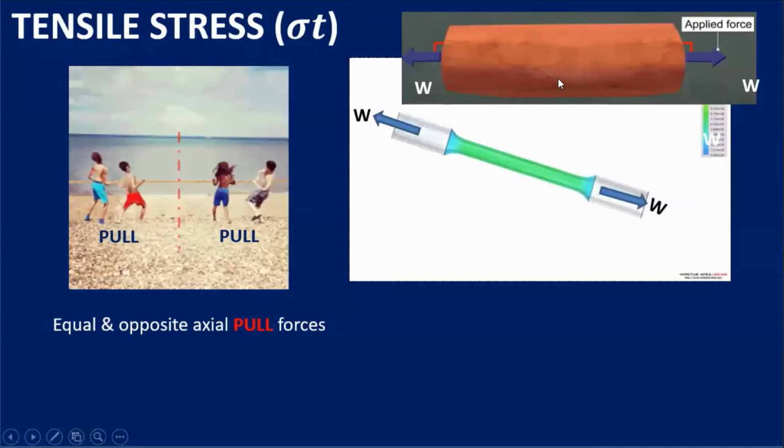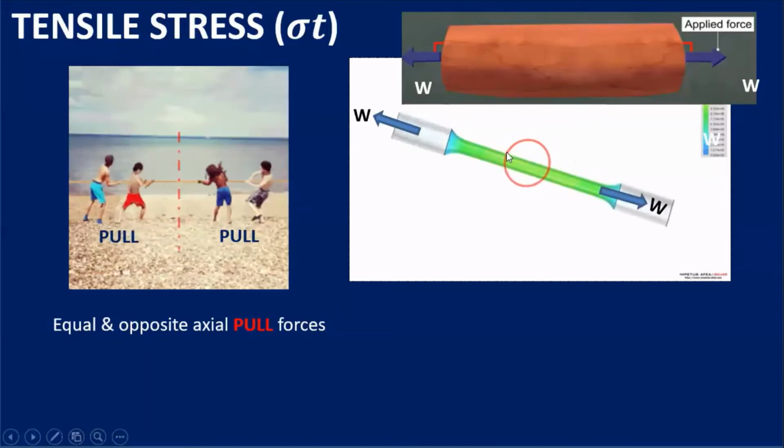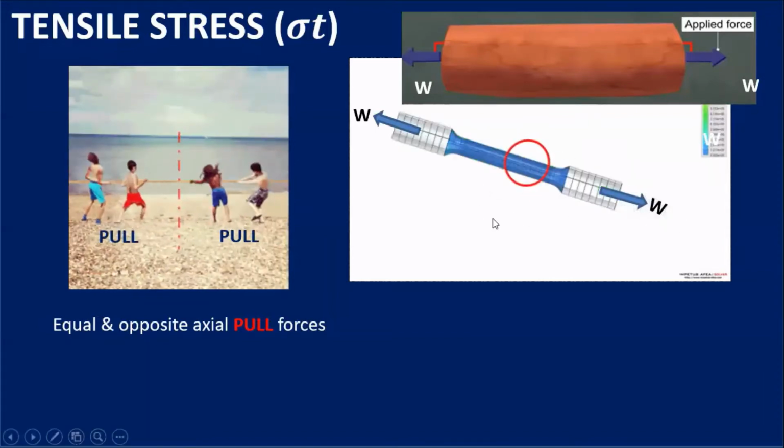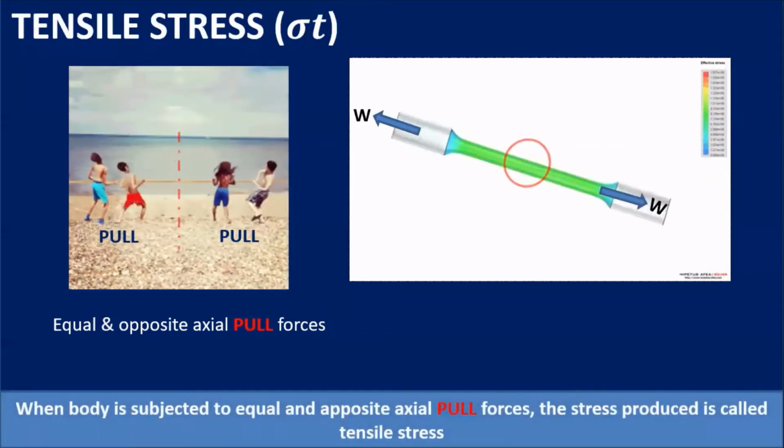And you observe that the internal stresses start generating, and they will be produced per unit cross-sectional area. For that, we know that the tensile stress is when the body is subjected to equal and opposite axial pull force, the stress produced is called a tensile stress.